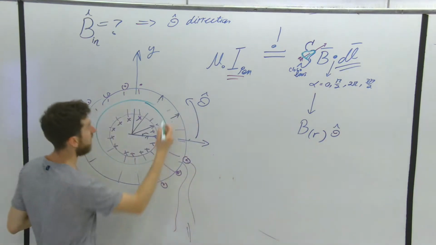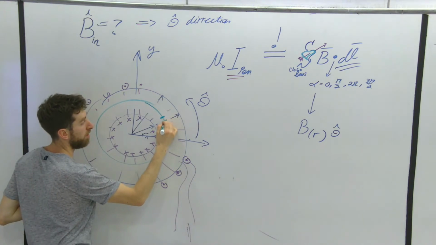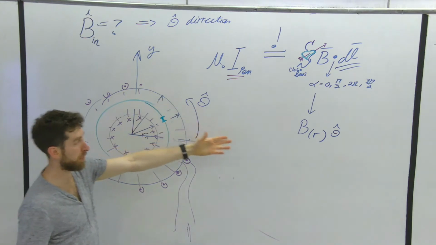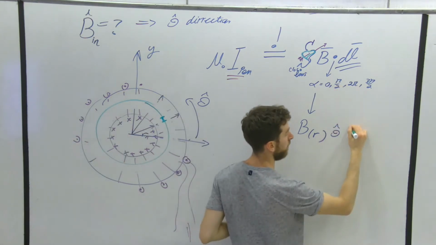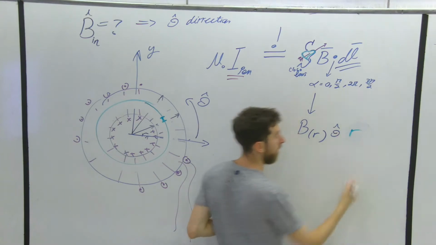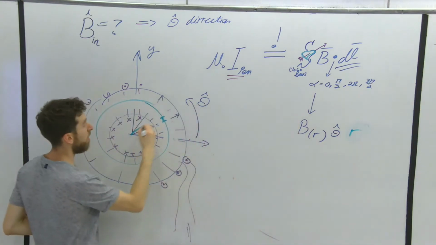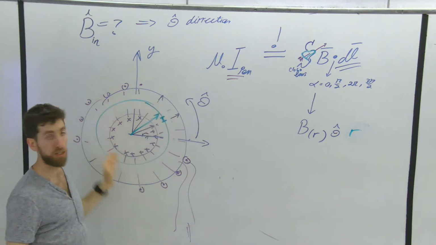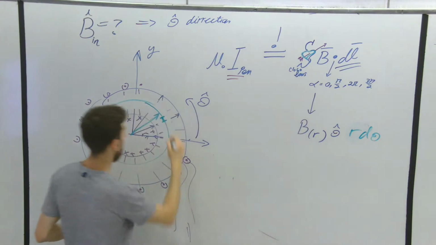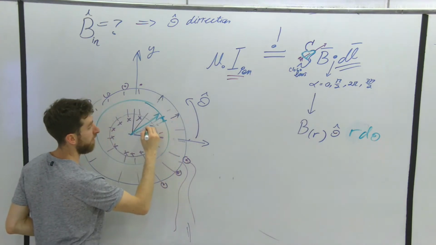So how can I express this length in a more mathematical way? I can use dL as r, sorry, not this capital R, it's small r, a general r, the r of this loop that I choose. r d theta, right? The radians, this small angle, d theta.